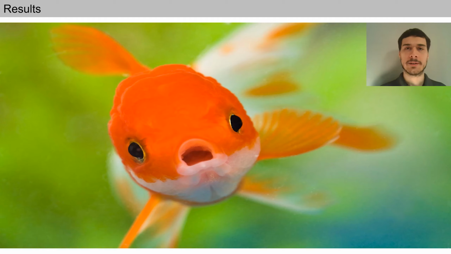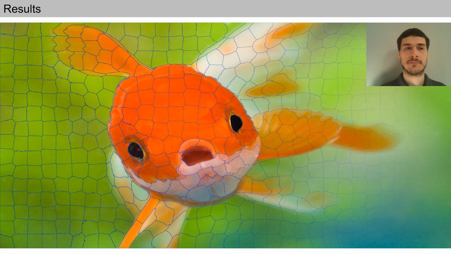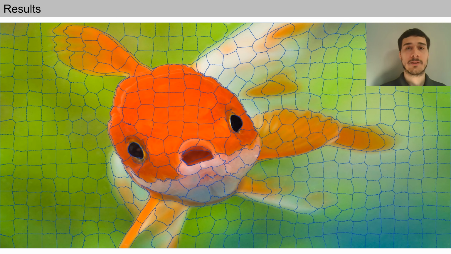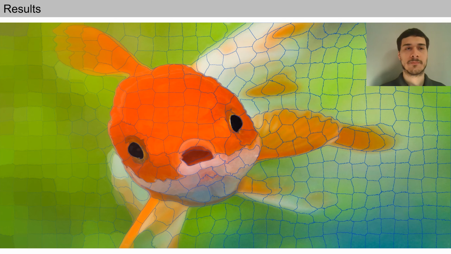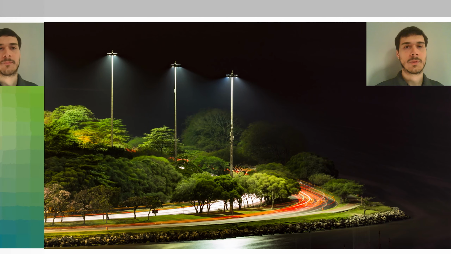But enough talking about the kernels. Let's see some results. So here, you all can see the image of a goldfish. And this is what it looks like after our kernel identifies all the superpixels. And here we have an artistic rendition of the image after each pixel is replaced by its own superpixel's average value.